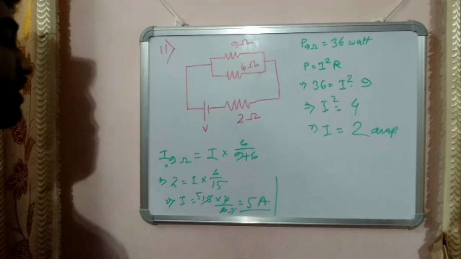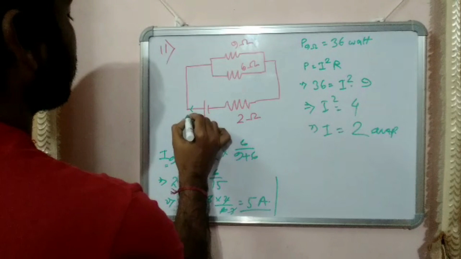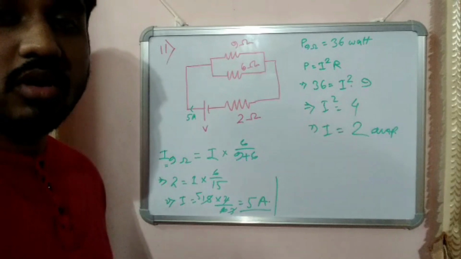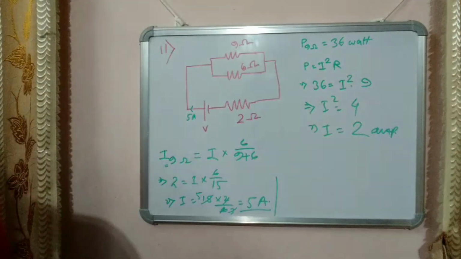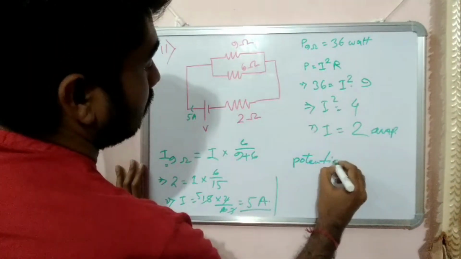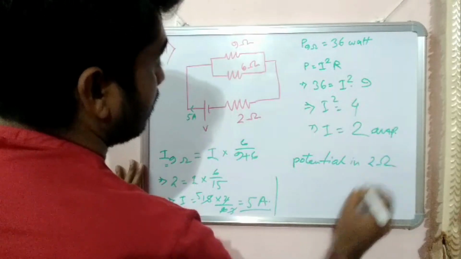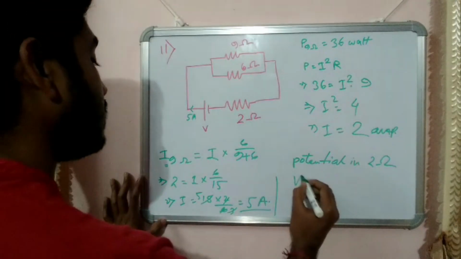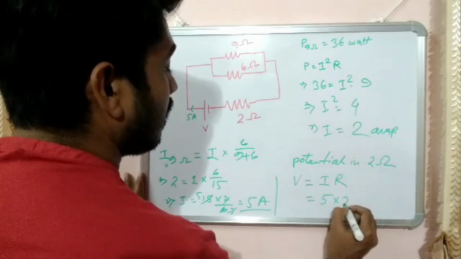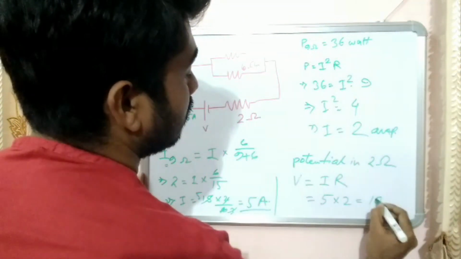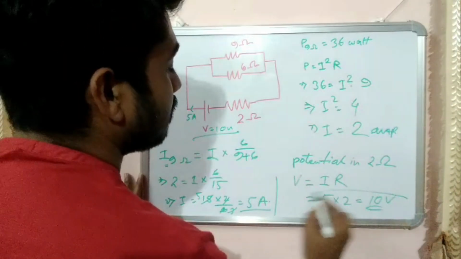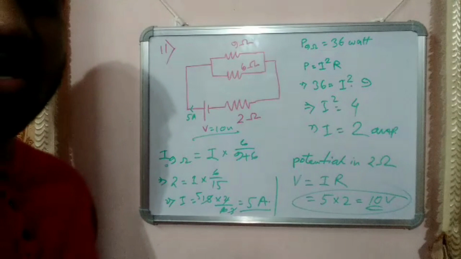This is our current in the circuit. We get it from here. So now we have to calculate the potential in 2 ohm. The potential is the voltage, V is equal to IR, and I in the circuit is 5, R is 2 ohm, that is 10 volt. So the potential is 10 volt. Very simple question, just step calculations.